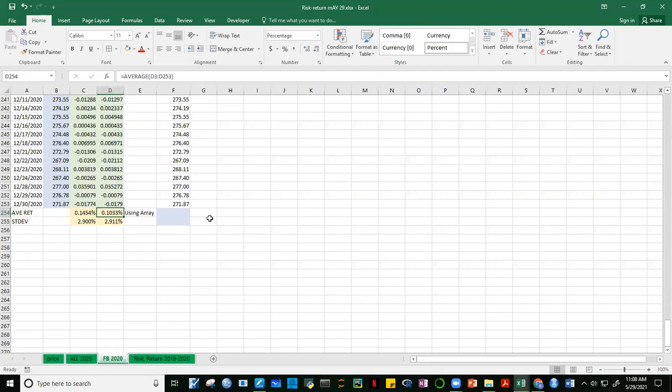Kasi daily lang. If you want to compute for the annual, ang ginagawa natin dyan is we multiply that by 252. 252, so that's around 26% annual returns. No? 252 kasi there are 252 trading days in a year. No? So yun ang ginagamit na na daily returns.